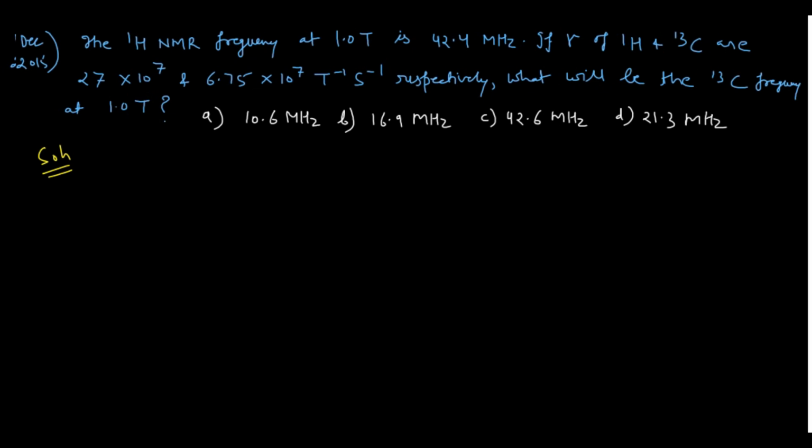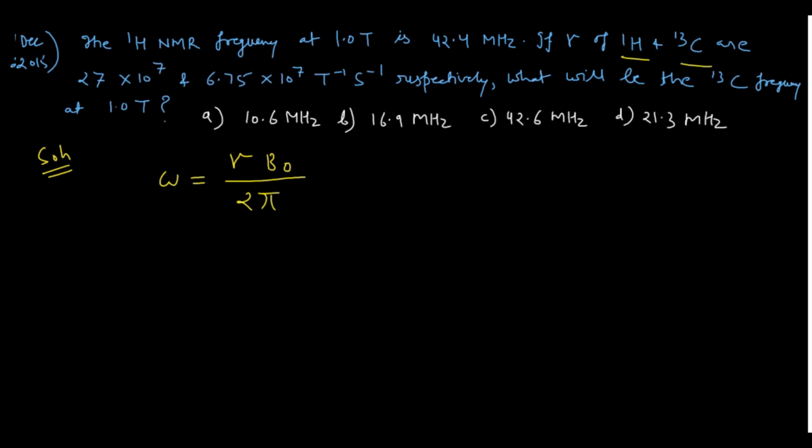You know this from physical spectroscopy: resonating frequency equals gyromagnetic ratio gamma multiplied by the external magnetic field and divided by 2 pi. This is the general expression, 2 pi omega equals gamma B0. You have been given two nuclei, H and carbon.